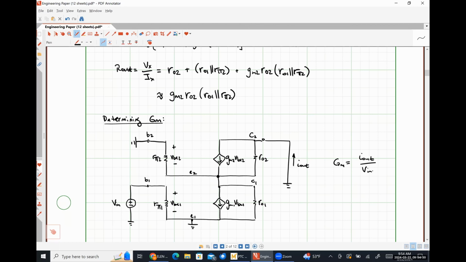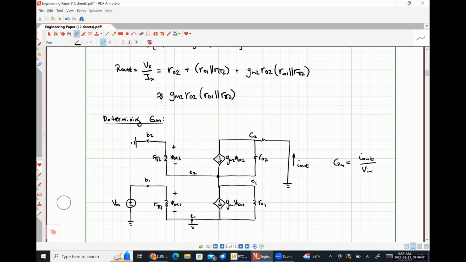Okay, so my resistor R02 is connected between emitter 2 and ground. My resistance R pi 2 is connected between emitter 2 and ground. My resistance R naught 1 is connected between emitter 2 and ground. So really R naught 1, R naught 2, and R pi 2 appear as if they are all connected in parallel.